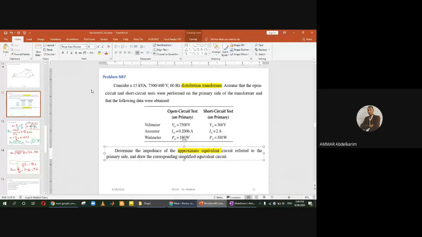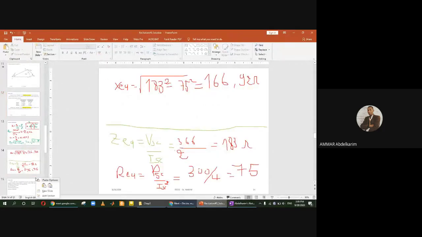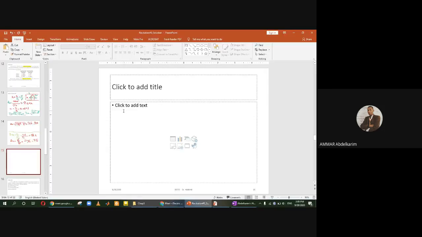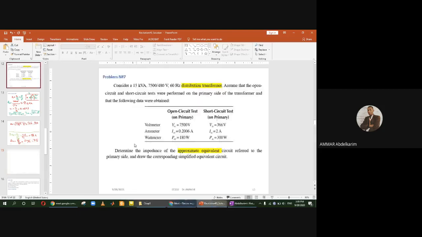If we are in the exact, we may need to find R1 and R2. The circuit, they didn't specify, so refer to the primary side.